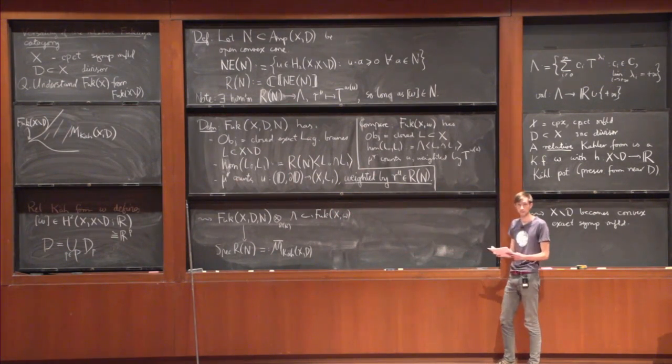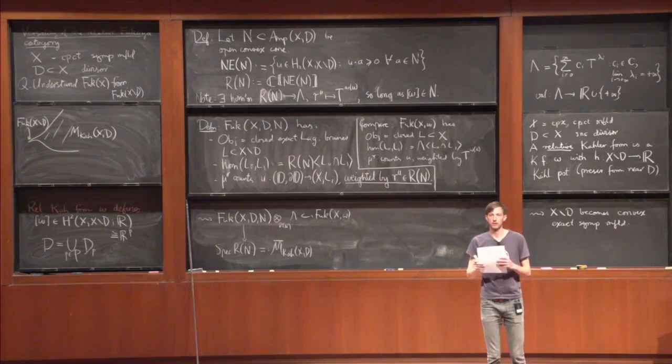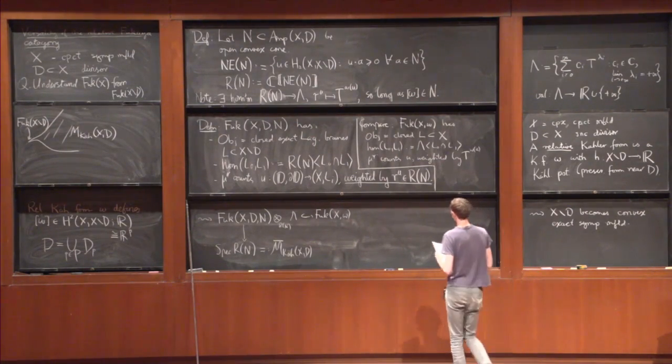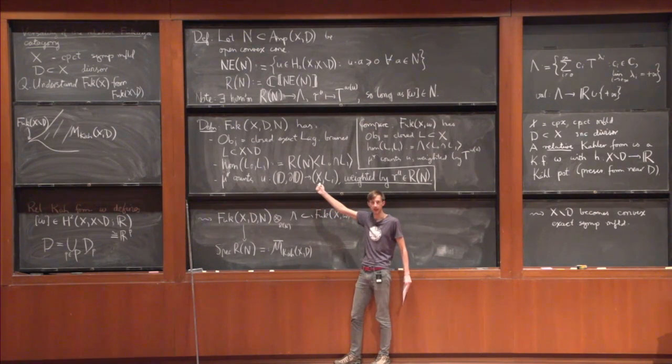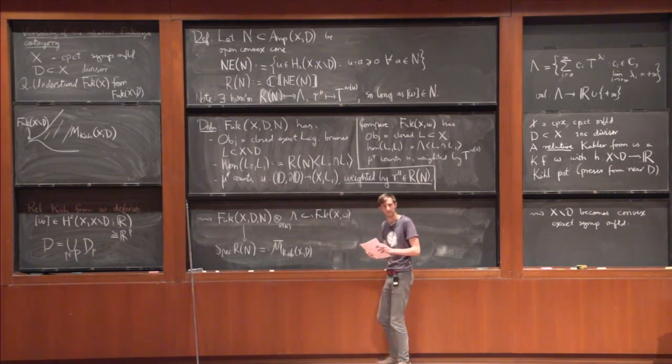Does it depend on the pair X, D, or is it just the complement X minus D? Very much, because we're counting holomorphic disks which map into X, so they go through D. So if you blow something up inside D, you get a different boundary divisor, and the indices of disks will change.